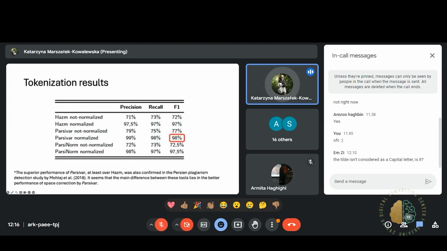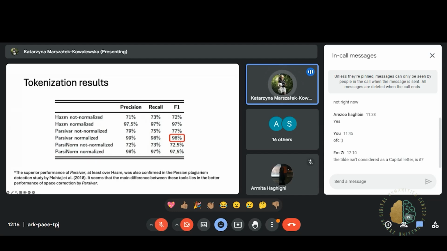So this table presents the results for the tokenization for the small corpus of 5,000 sentences. We have 2 rows per pre-processing tool. One includes the information for the tokenization when the corpus was not normalized, and the other when it was normalized with the tool.